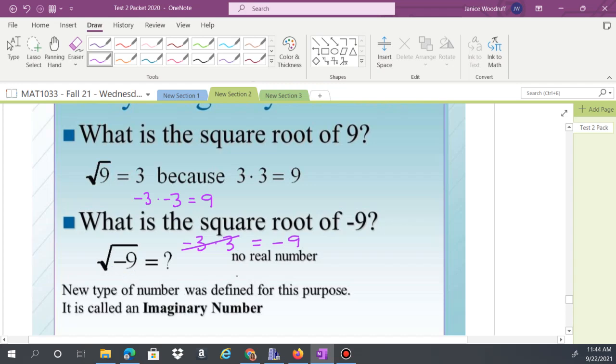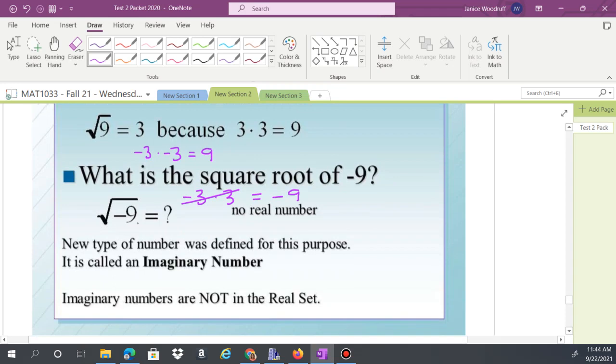What we're technically doing when we're doing the square root of -9 is we're taking this and doing a factor tree where we're factoring out a square root of -1 times 9. That way we can take the square root of 9 and get 3, and we have that the square root of -1 is i.